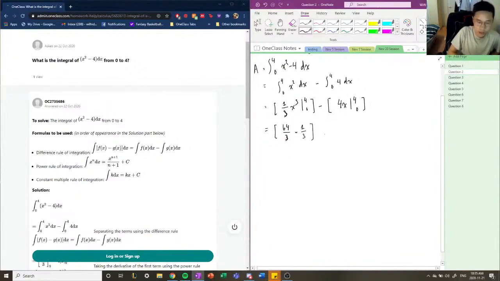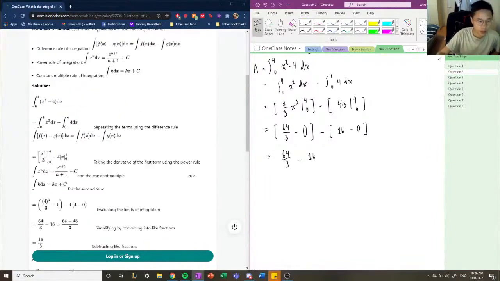Okay, so that's our first one. This should be a 0. Sorry, that was a 1. So this should be a 0. Okay. The second function is 16 minus 0. Okay, which is a 16. So all we get here is 64 over 3 minus 16.